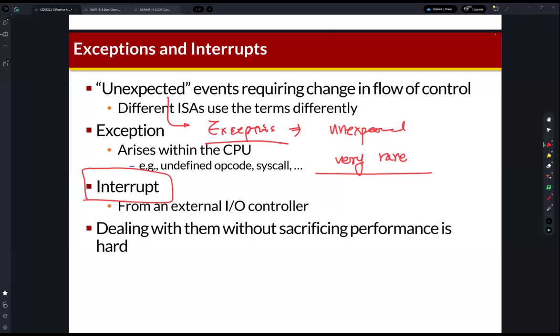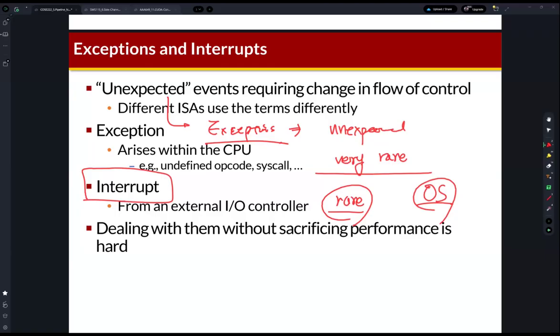These rare events are handled by software, like the operating system, not hardware, because they can be handled slowly.